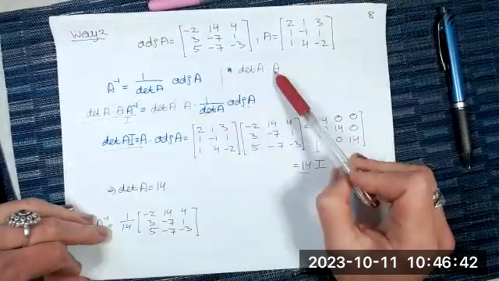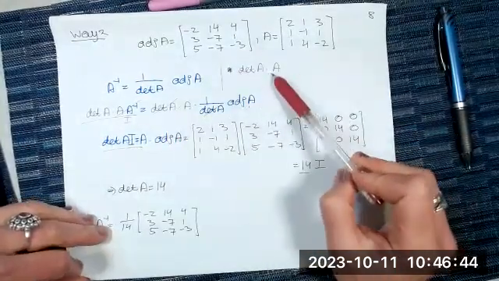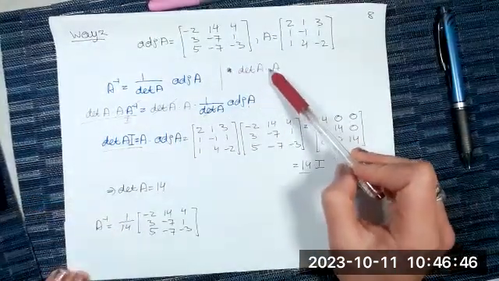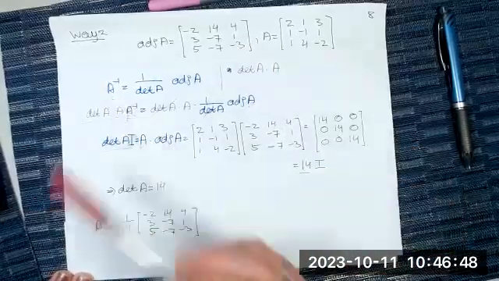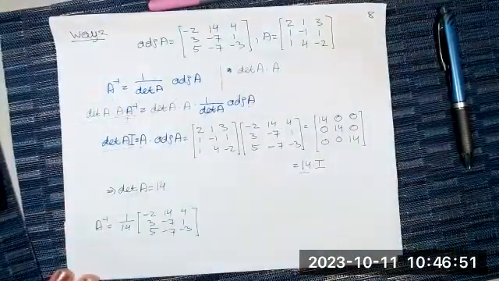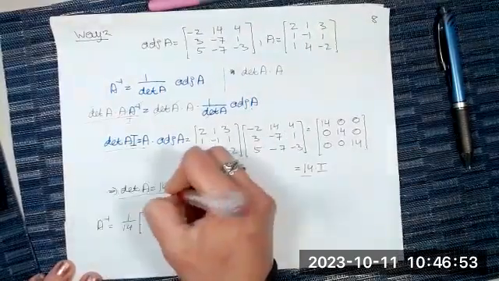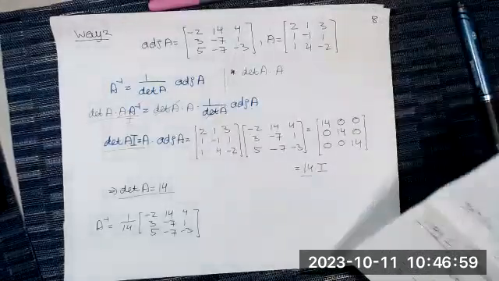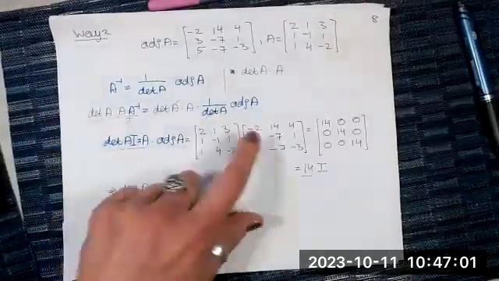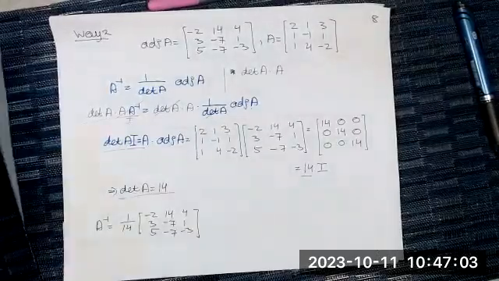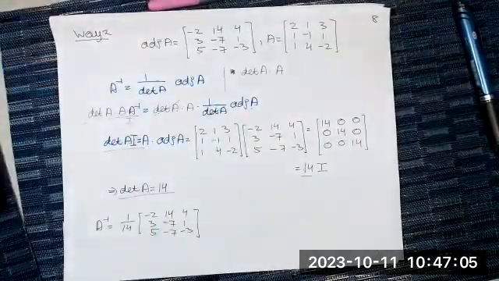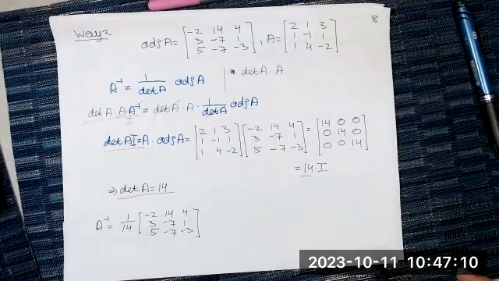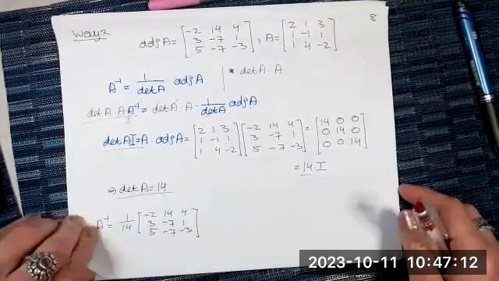I used the formula for A inverse to compute the determinant of A, and then I plug that determinant back into the formula for A inverse. One way or the other, I have two options. If you would rather do multiplication of matrices than a cofactor expansion to find the determinant of A, you can do it this way. Make sense?